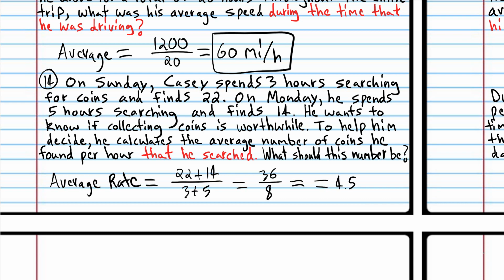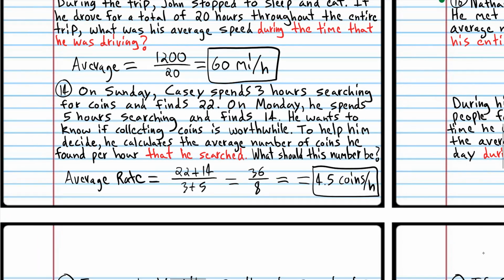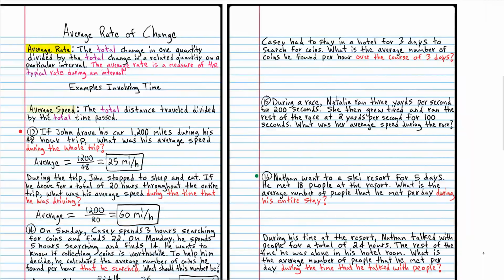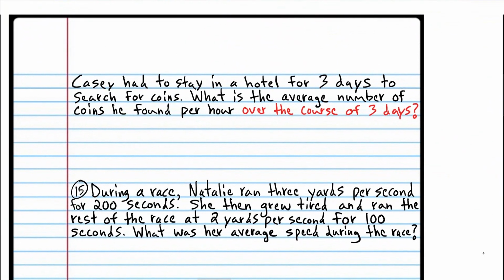So he found 4.5 coins per hour that he actually searched. Now this is only including the time that he searched. So from the time that he searches to the time that he stops searching, he finds about 4.5 coins per hour.